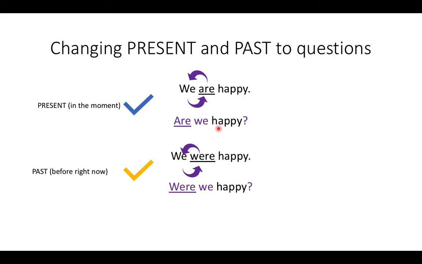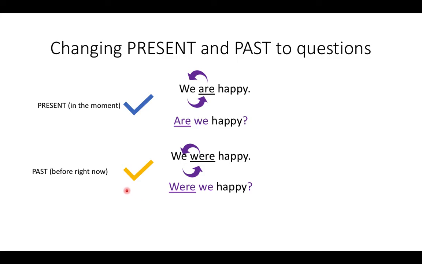But if you're talking to somebody and they said, we are happy, that makes it a question when you're talking to it by making the sound go higher. But for right now, all you really need to worry about is that we are happy is what you're saying is happening right now. You're saying something about it. But if you say, are we happy? You're asking somebody a question.